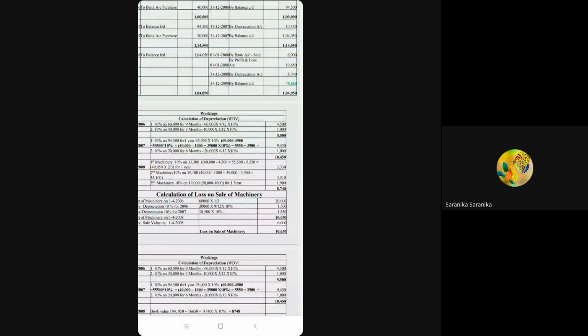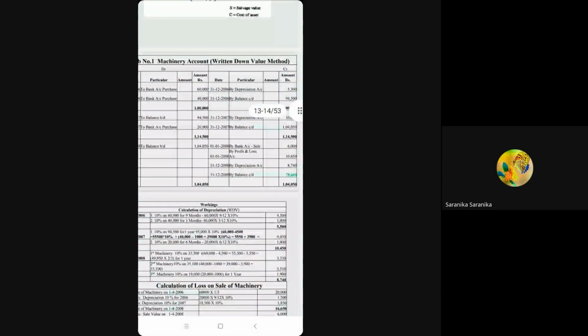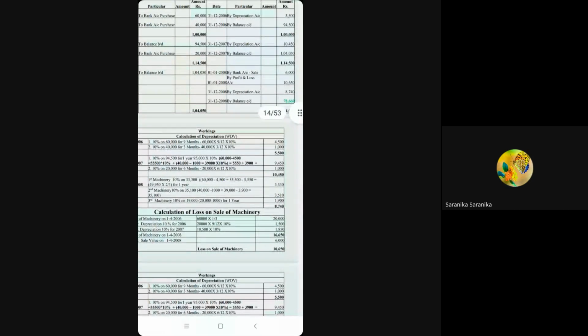So 16,650 worth of asset you are selling for 6,000 rupees. So loss on sale of machinery is 10,650. Previous method under straight line method, how much was the loss on sale of asset? See here, loss on sale of asset 10,500. Under diminishing balance method, loss on sale of machinery is 10,650.